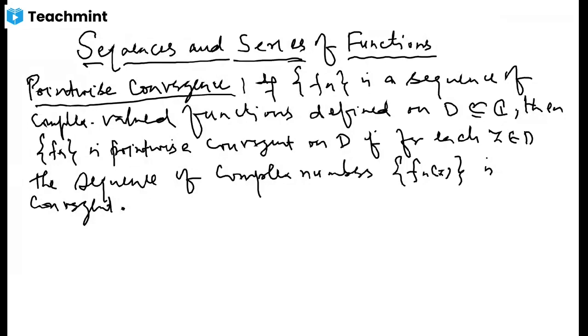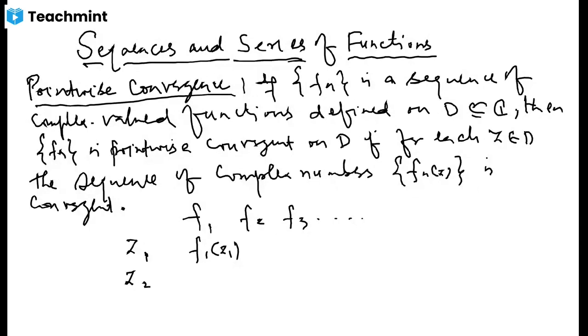You have a sequence of functions f1, f2, f3, and so on. You are going to calculate this sequence at each point in domain D, like Z1, Z2. At Z1 you will get F1 of Z1, which is a complex number.